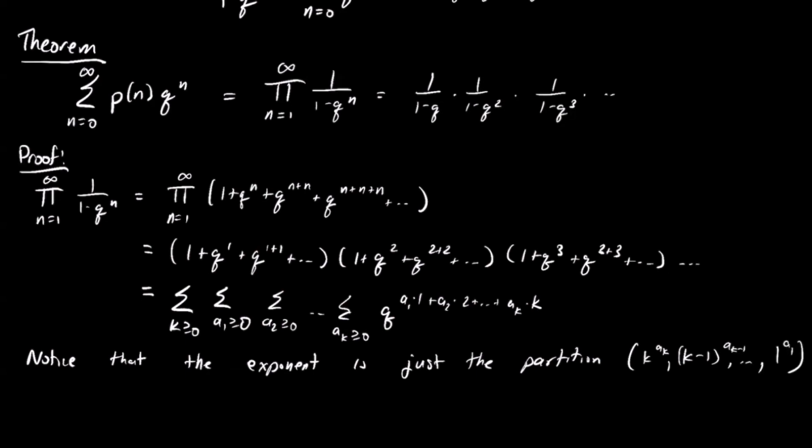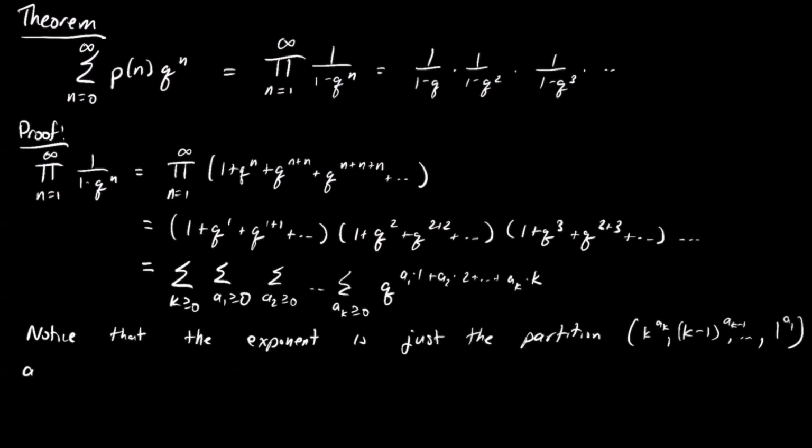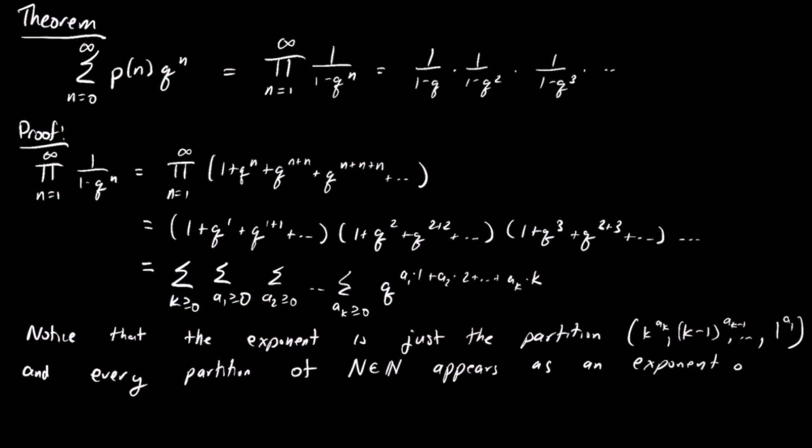And one thing I might notice is that every partition of n, where n is just some natural number, appears as an exponent of q. And the one thing I might notice is, how many ways do I then have of forming q to the n?